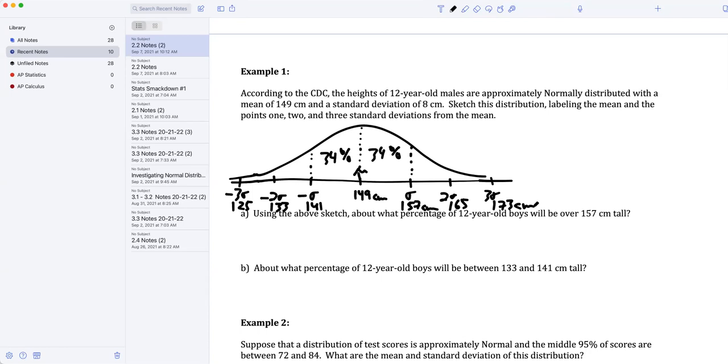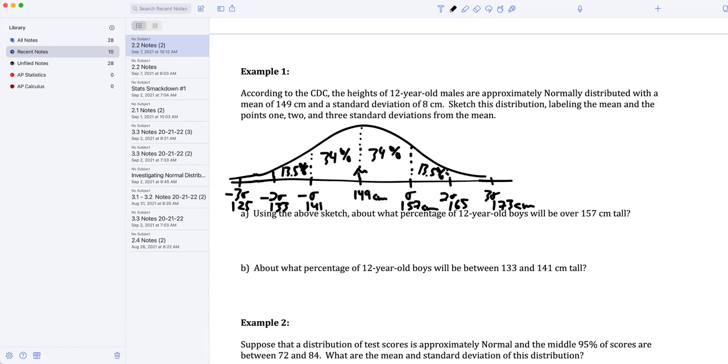I'm going to fill in the percentages. There's 95% within 2 standard deviations. So 95 minus 68 gives me 27. That means 13.5% is going to be on this side, between 1 and 2 standard deviations, and 13.5% on the other side.